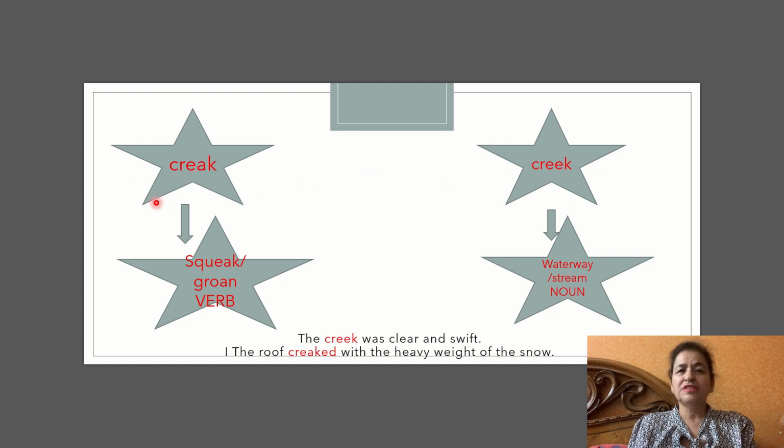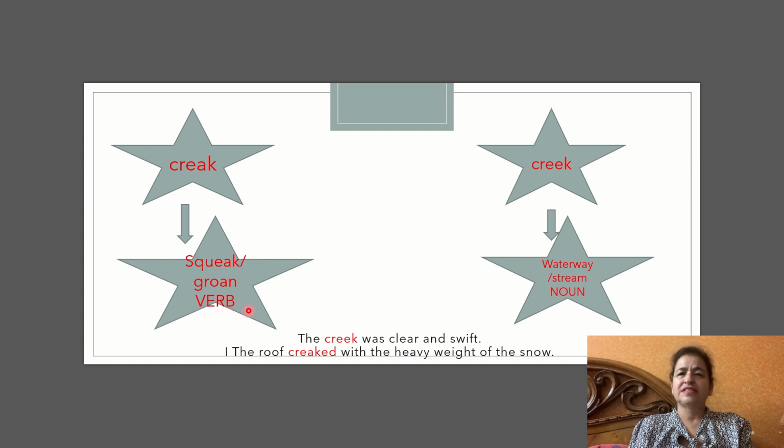When we talk about creek, C-R-E-E-K, we mean a waterway, and that's a noun. And when we talk about creak, C-R-E-A-K, we mean to groan, G-R-O-A-N. Now here lies the difference, the disparity.